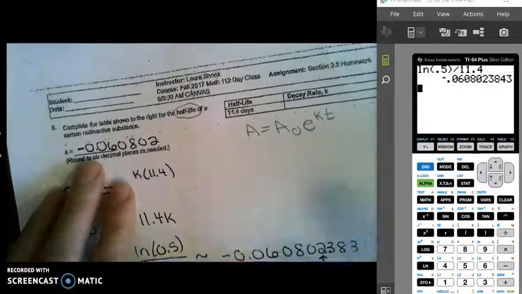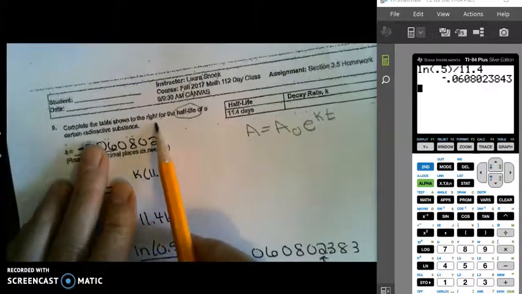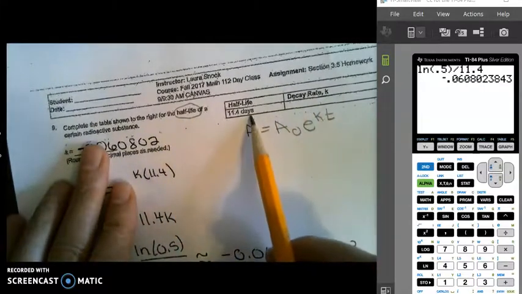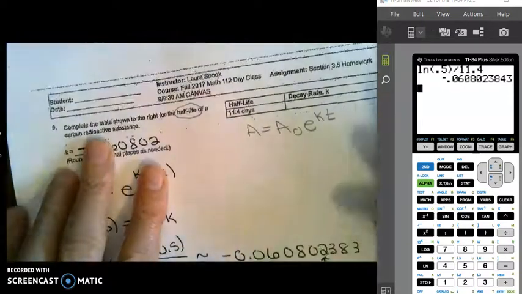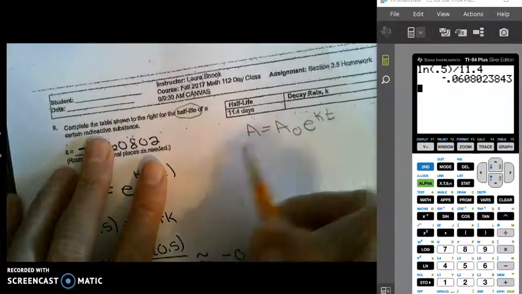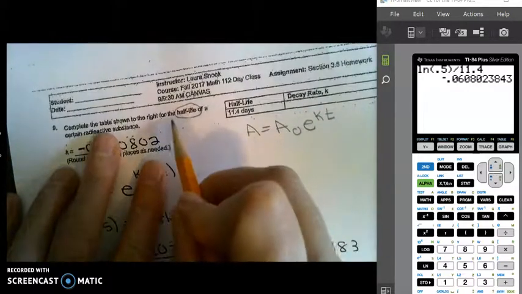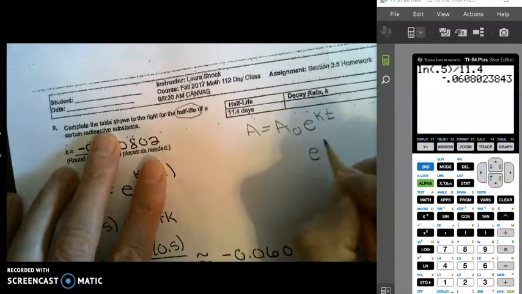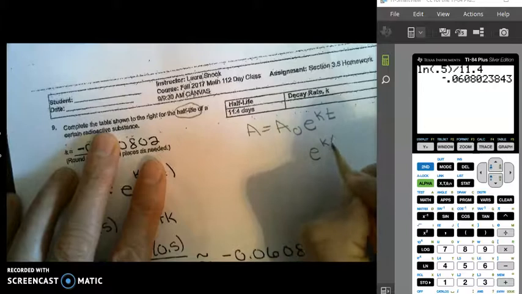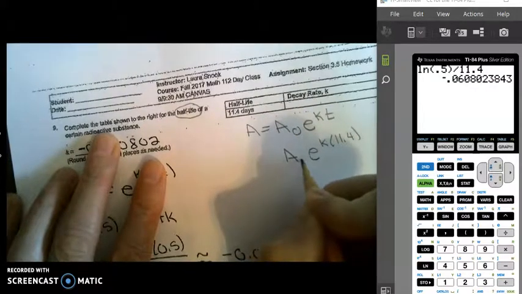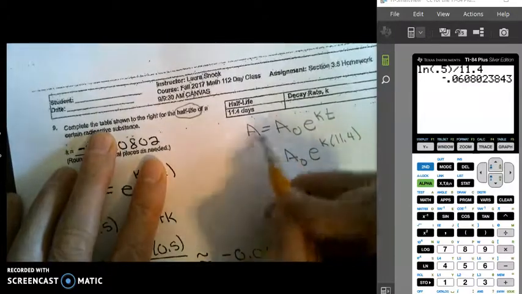Okay. For the following table to the right, they want you to find the decay rate for a half-life of 11.4 days. What that means is after 11.4 days, you have half of the original amount. So if this is your original amount, in 11.4 days, that's your time, you have half of this original amount.